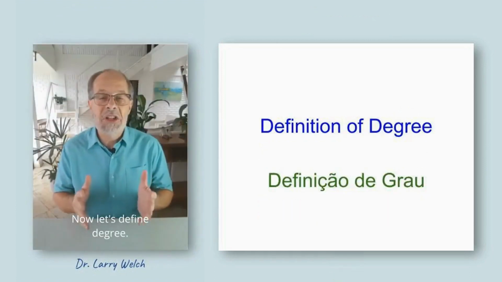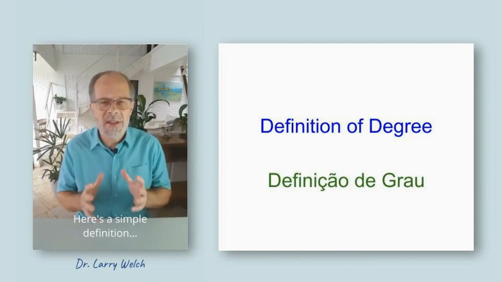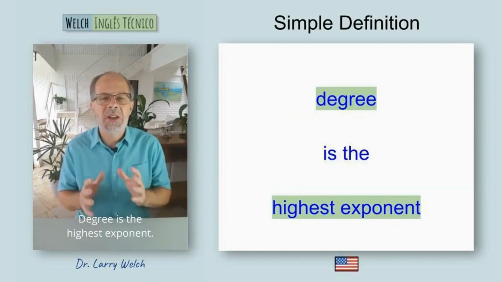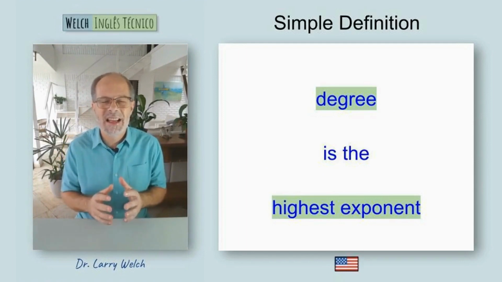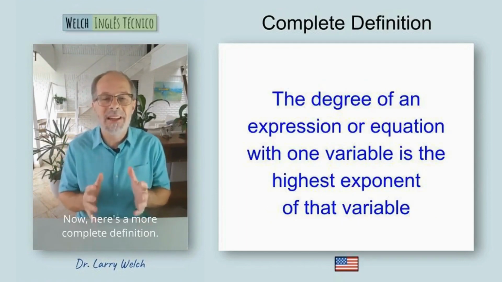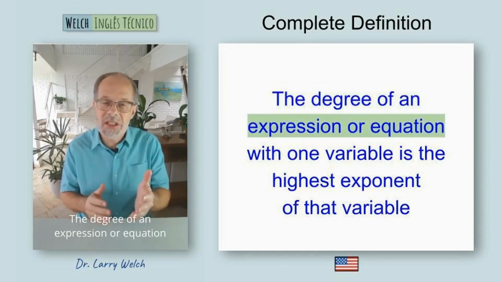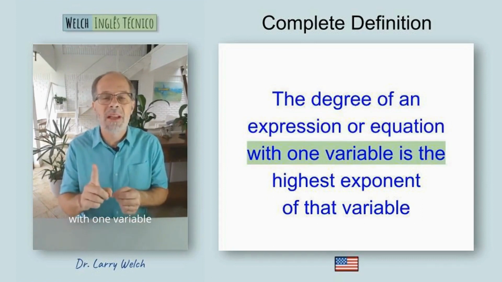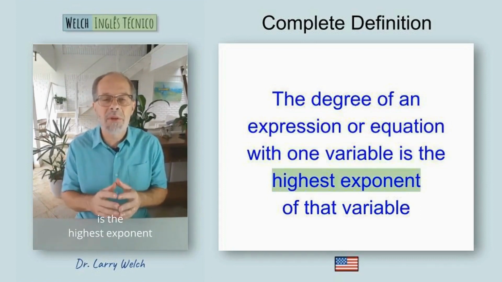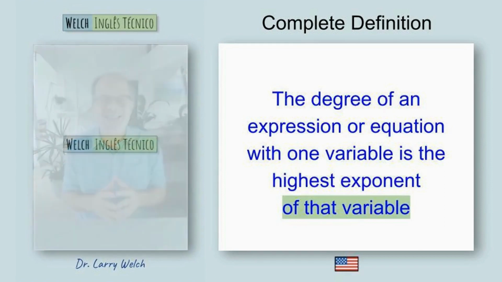Now let's define degree. Here's a simple definition. Degree is the highest exponent. Now here's a more complete definition. The degree of an expression or equation with one variable is the highest exponent of that variable.